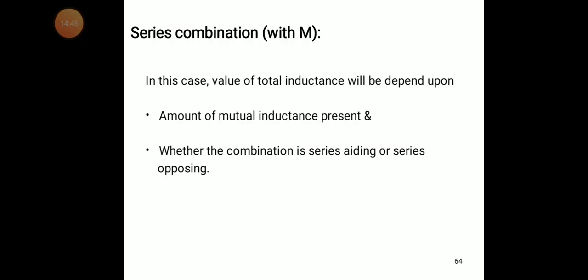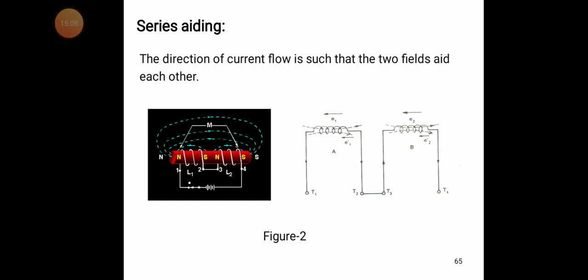So whenever we consider the series combination with mutual inductance, the value of the total inductance will depend upon the amount of mutual inductance present and whether the combination is series aiding or series opposing. Now we can see the meaning of series aiding.